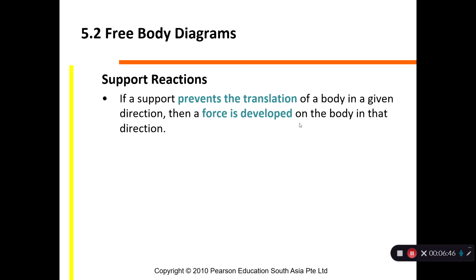It's supporting you, so you can't move downward. Therefore, there is a reaction force from the ground acting on you. The same thing is happening here. If a rigid body is not allowed to move because of the support, then a force will be developed in that direction.